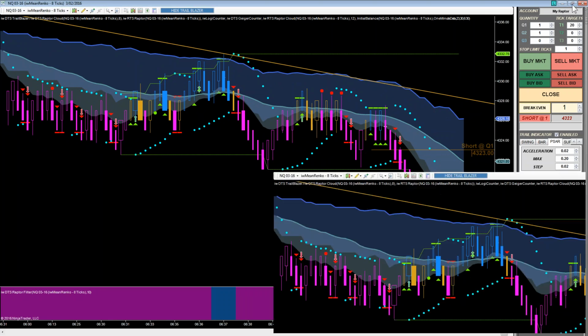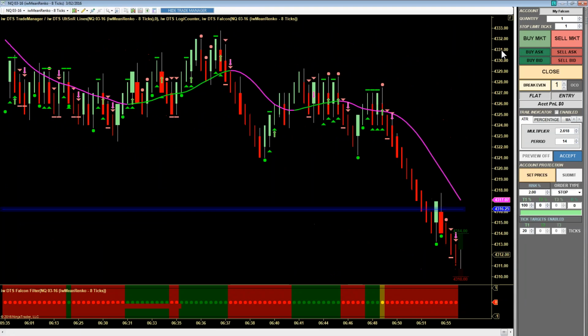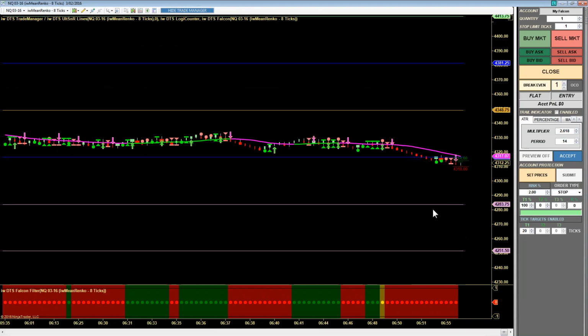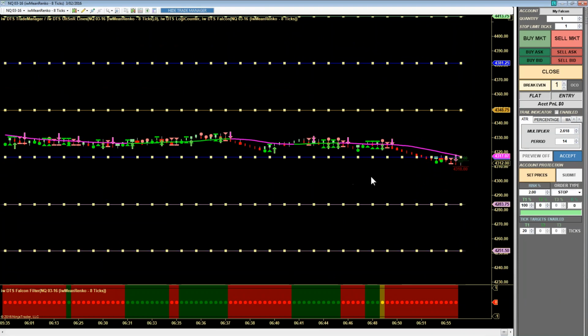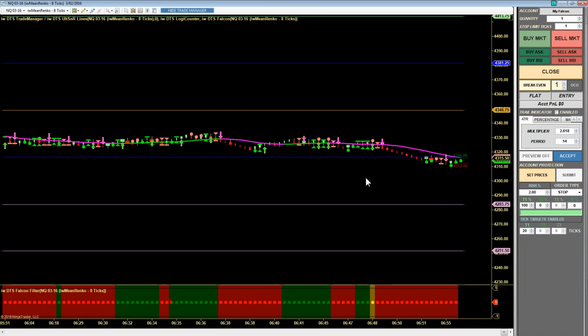Let's go to the support and resistance suite and see where our next support line will be. This is also an add-on. Again, it can be used on any chart. We've got 21 support and resistance lines, and no, they're not pivot points, and no, they are not Fibonacci levels.